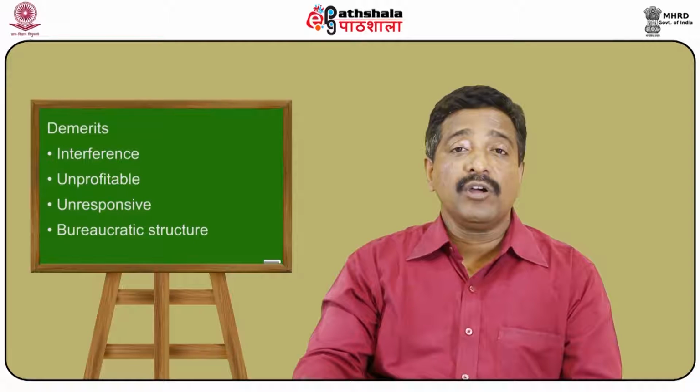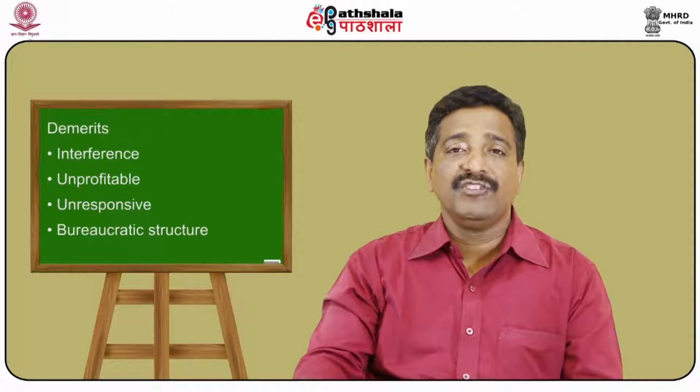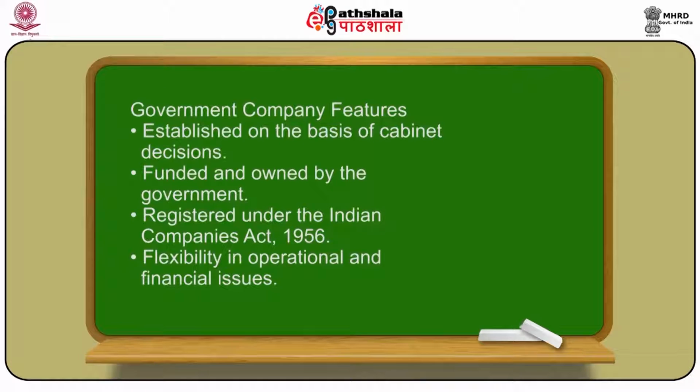The very survival of these public corporations is being questioned, because the bureaucratic form of structure will not help the public corporations in meeting the challenges of liberalization, privatization and globalization. Therefore, there is a need for public corporations to shed the bureaucratic controls and structures, so that they become more agile and responsive to meet the customer needs. One good example, again, if you take Air India, should become more responsive to the needs of the customers from time to time.